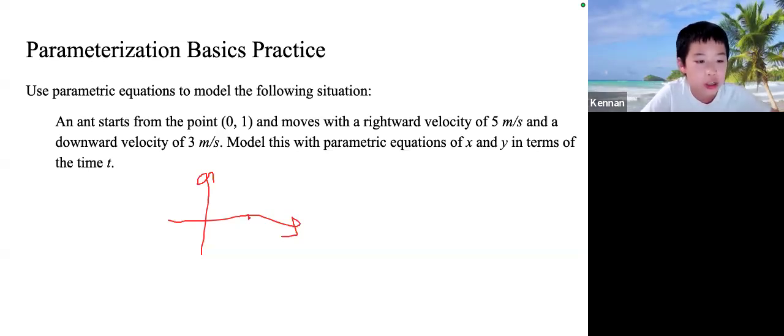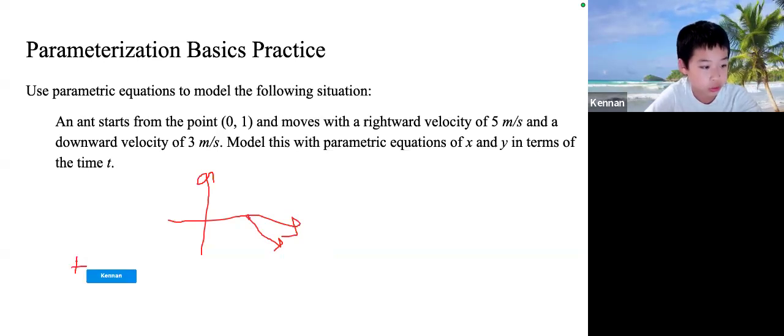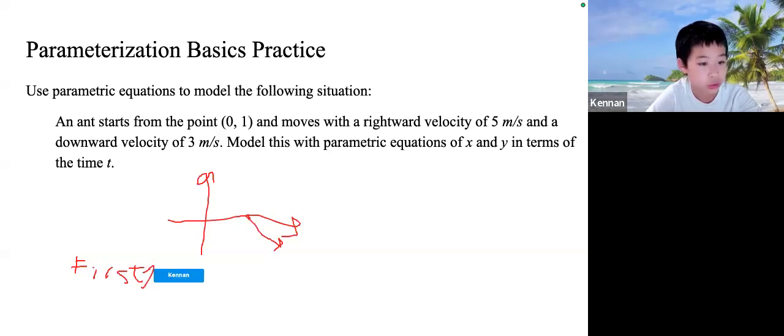So anyways, let's see. Okay, and then we model this with parametric equations. First, we use a third variable.